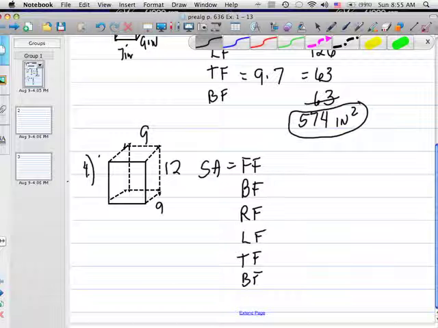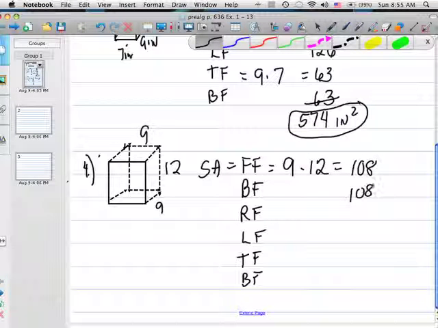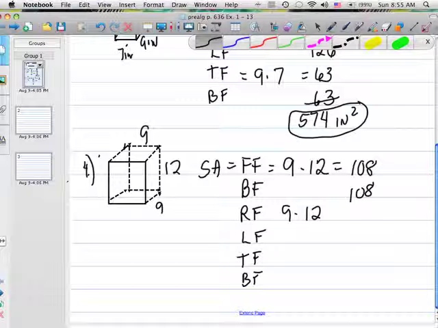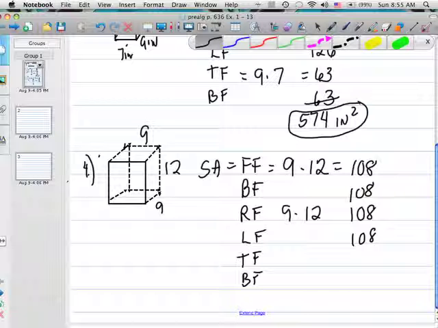So the front face is 9 by 12. It's the same as the back. So 9 times 12 is 108 for both. And then the right face is 9 by 12. So that gives us another 108. And the bottom face is 9 by 9. So 81.